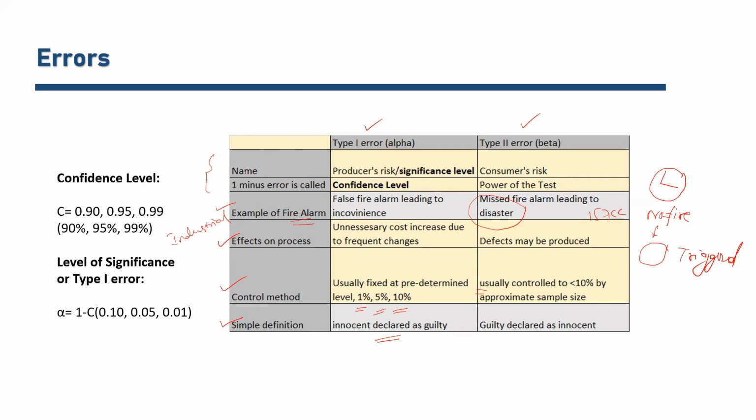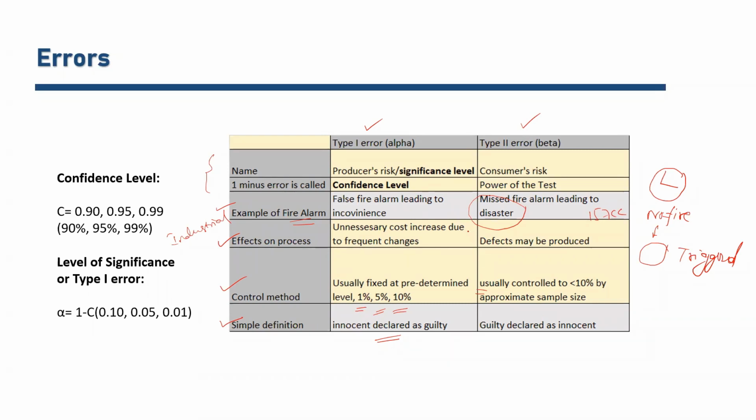Now, coming to the first and the second one, the type 1 error, the significance level, is actually the producer's risk. Say, for example, if each time you have to halt your machine and retune it, this will increase the cost for frequent changes, and the producer who is producing the perfume is at risk, right? And the type 2 error is actually the consumer's risk. If you are getting a defective product from the factory, the consumer might be at risk.